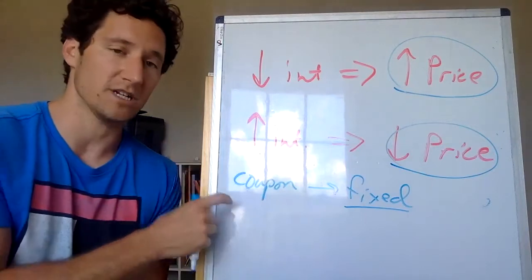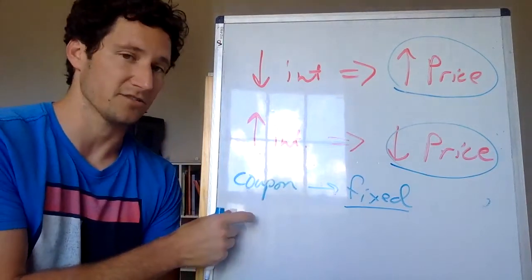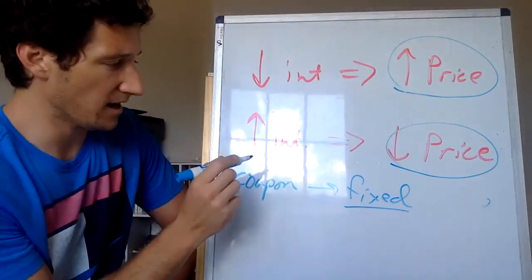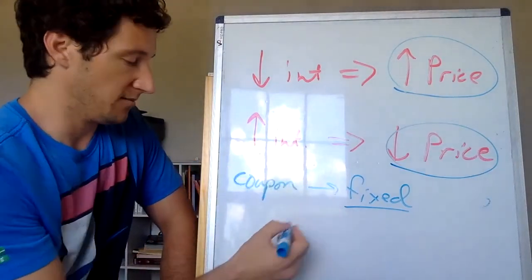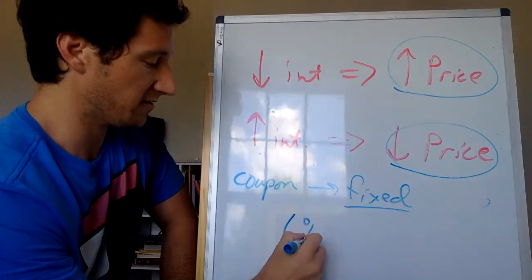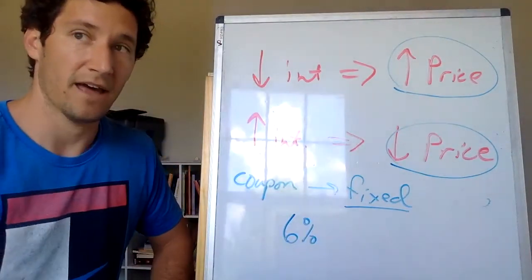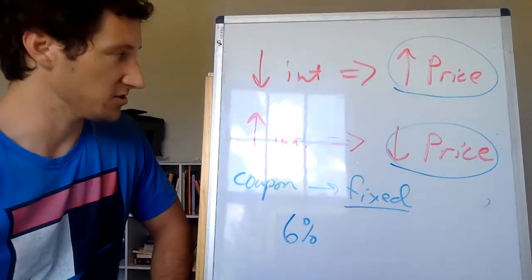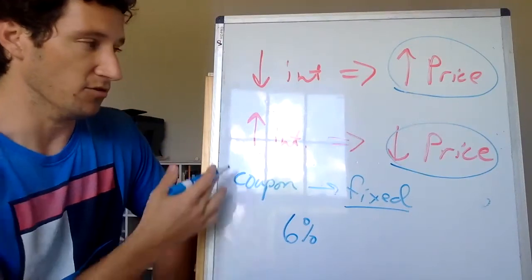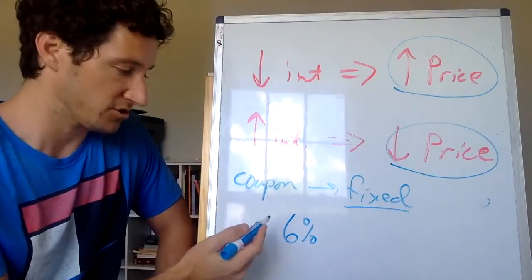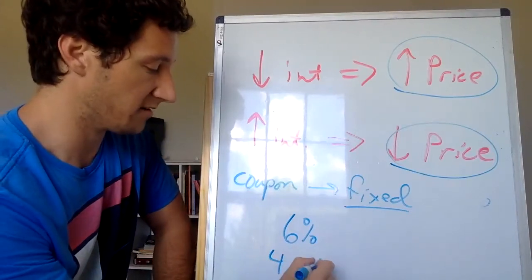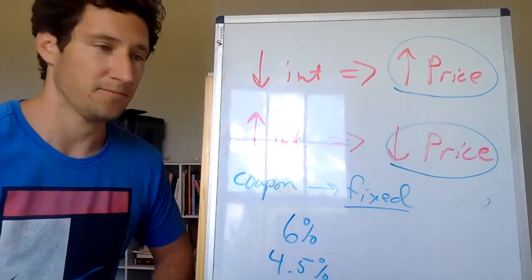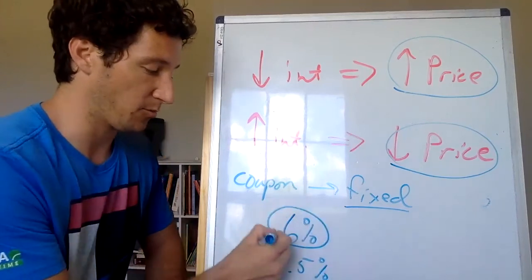If you're holding these bonds, if you're the investor that bought them, you're locked at this interest rate. Maybe you're locked in at 6% on the coupon, and then interest rates go down. So new bonds that are now issued or sold are only going to pay maybe 4.5%, right? So this is now a premium product.